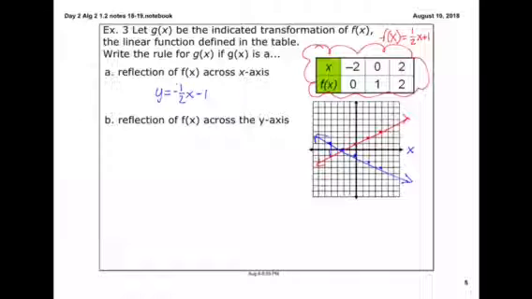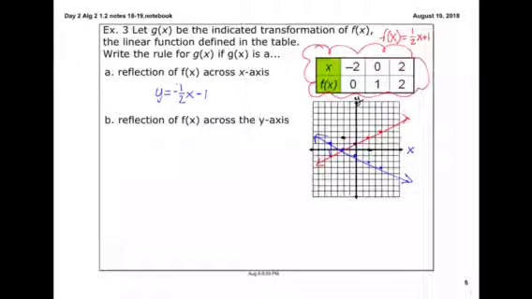Then it said reflection of f of x across the y-axis. If we look back at our original function f of x and we reflect it across our y-axis, our y-axis is vertical, so this point is going to stay the same. We're going to have a point over here, 2 to the right.